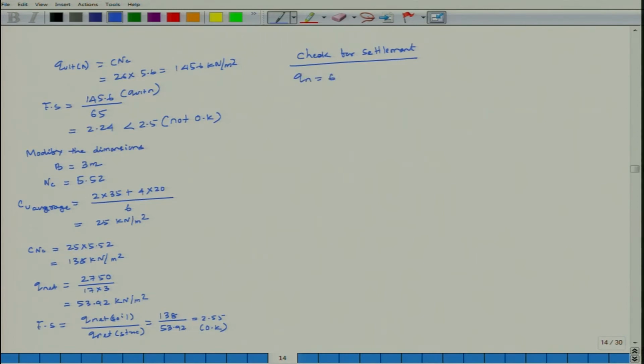Qn is 65 kilonewton per meter square, B is equal to 3 meter, L is equal to 17 meter, and all other values we will take from the subsoil profile. Settlement calculations I will discuss in the next class. Thank you.